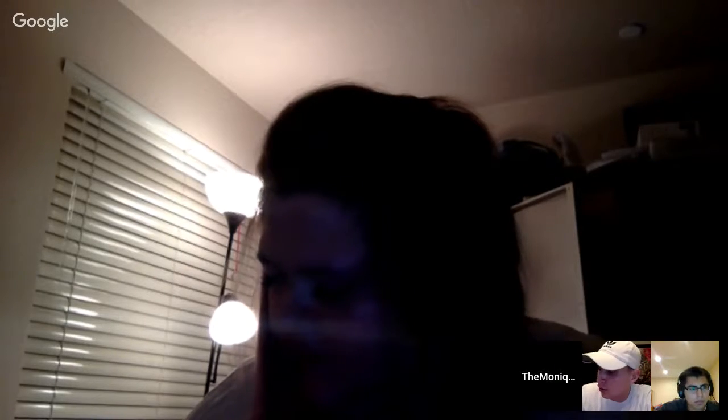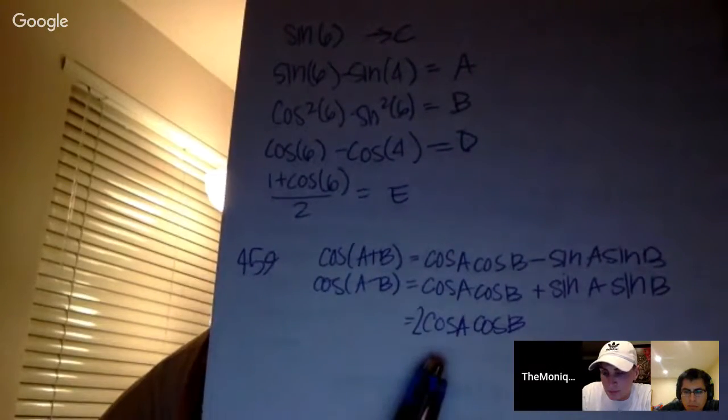So then we would have 2 cosine A cosine B. Yes, the signs cancel out, and I think it's just 2 in the front because that whole thing is one product. Everything will be in terms of cosine, because that's what the identity is. So it's just 2 cosine A cosine B. That's what I got too. And then you divide by 2.